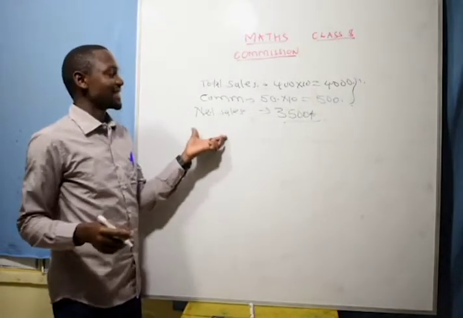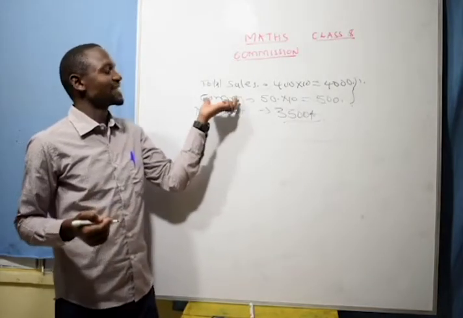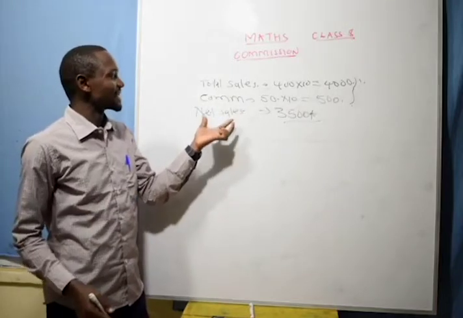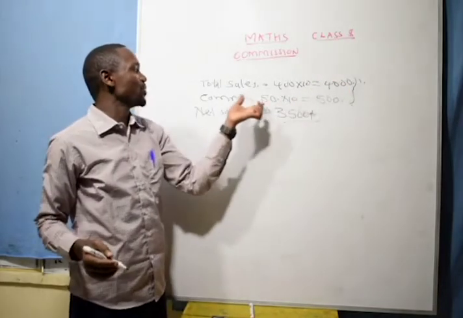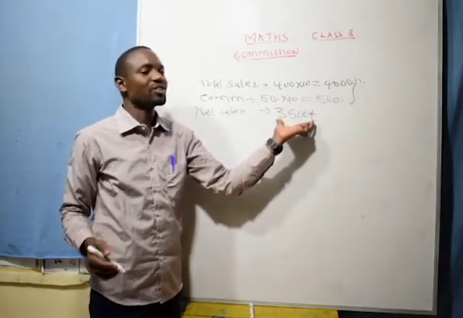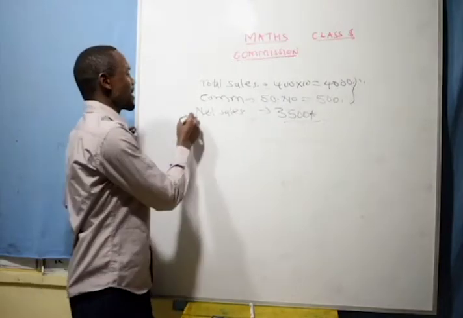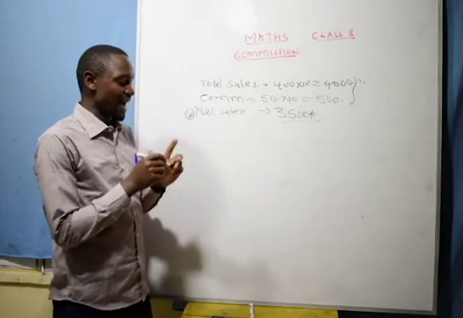Net sales is the amount of money that the owner of the property gets after deducting the commission. So the total sales was 4,000 shillings. You deduct commission, you are left with 3,500 shillings. That is what we call the net sales. This is the amount of money the employer gets from the sales agent.